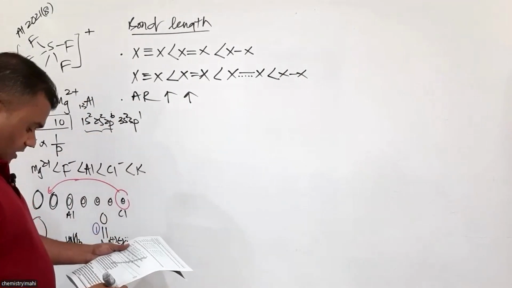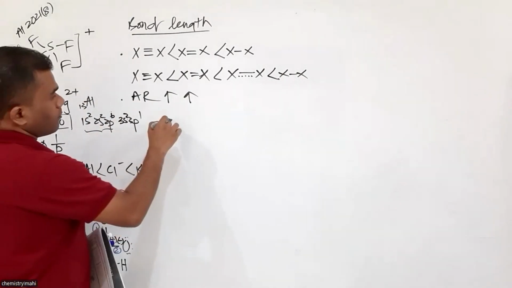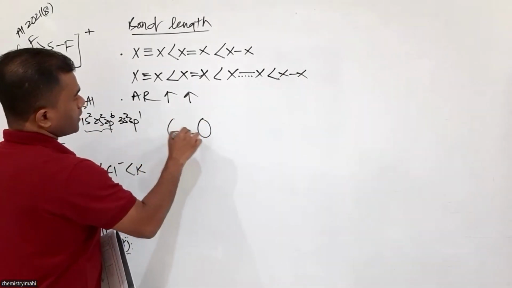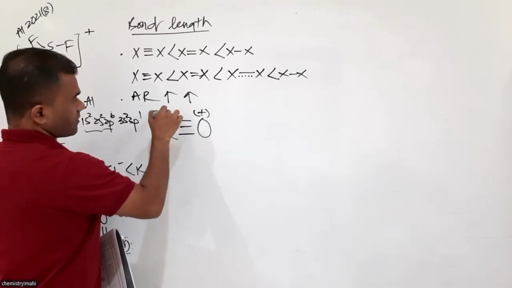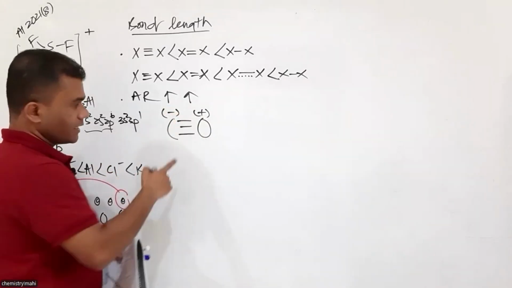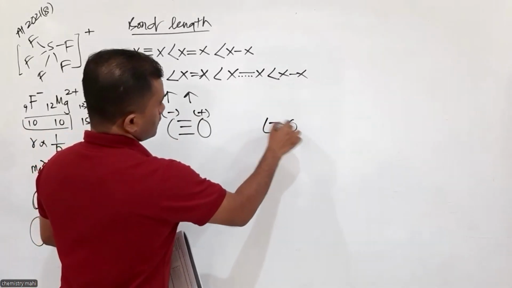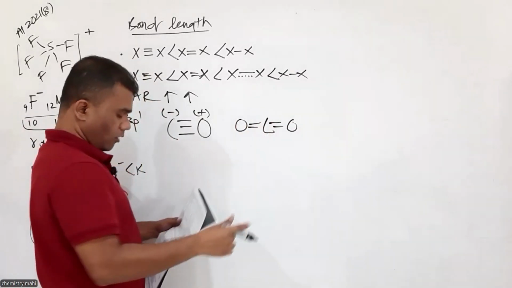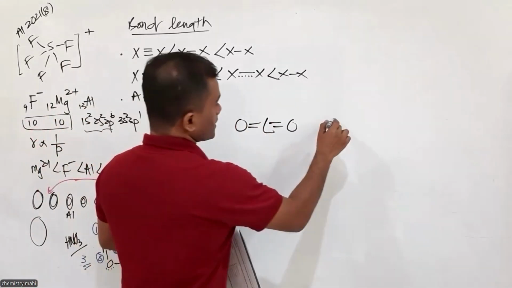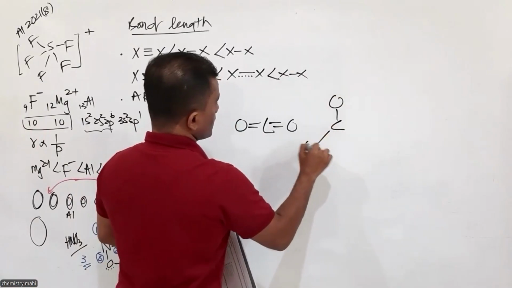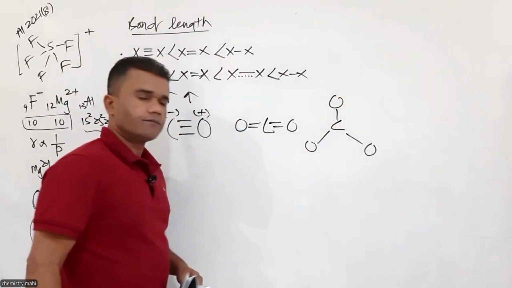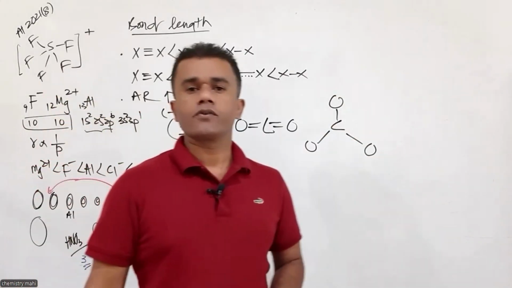All right. With that idea, I go to draw carbon monoxide. Carbon monoxide, we discussed that one. Maybe you remember. It's a C≡O triple bond. Carbon dioxide, you all know, it's a C=O double bond. What about carbonate? Carbonate has resonance structures. 3 resonance structures you can draw.